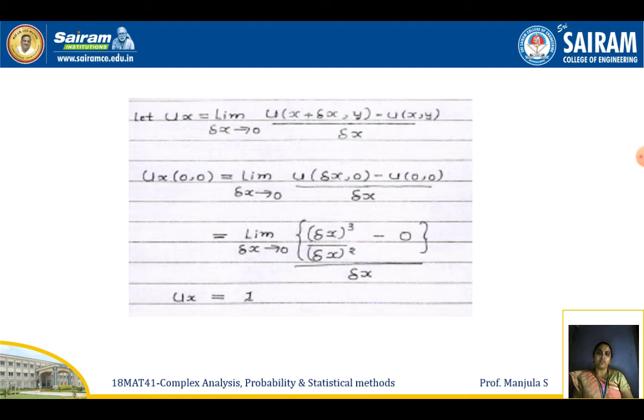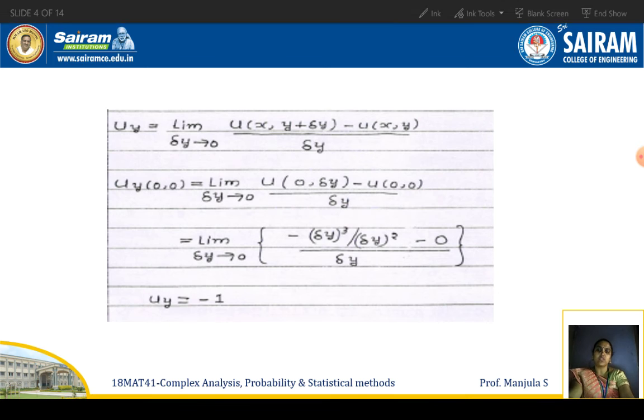So u of del x comma 0 minus u of 0 comma 0, divided by del x. Limit as del x tends to 0, del x whole cube divided by del x whole square minus 0, and the denominator already has one del x. So del x cube divided by del x cube, both terms get cancelled. The solution is ux equals 1.